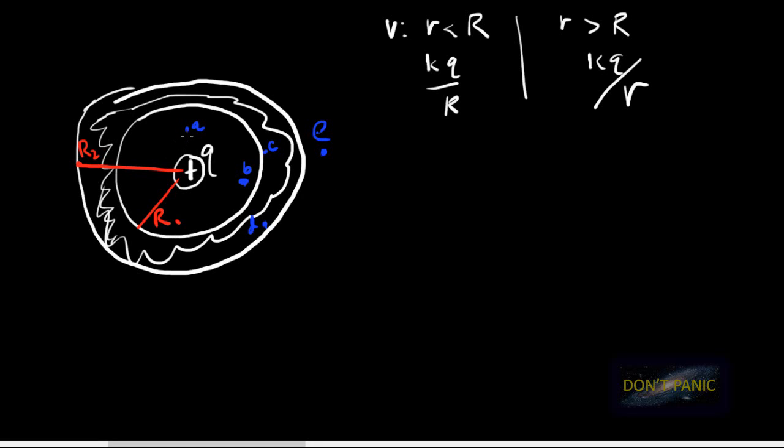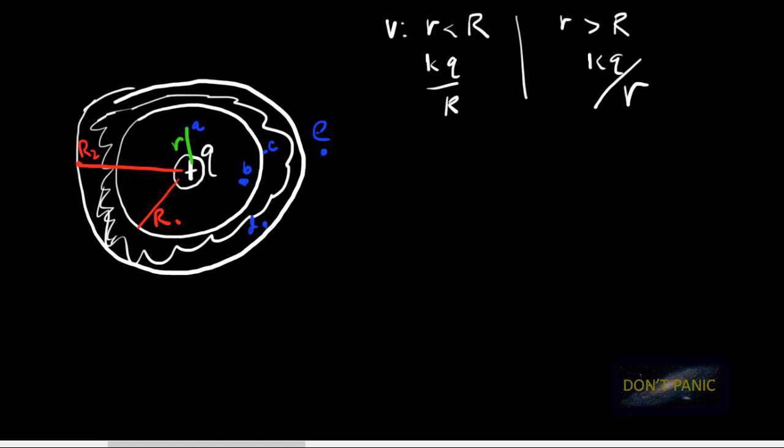Okay, so at point A, so here's your r. Your r is going to be this distance. And to find the potential at A, it's going to be the contribution of this point charge, the charge on this inner sphere, and this outer sphere of the cylinder.